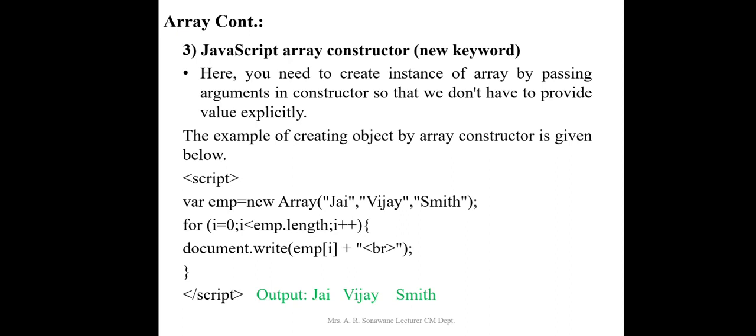The syntax is variable emp name equals new Array, and instead of empty brackets, inside the parentheses you assign the values or elements that you wish to add to the array. Similarly with a for loop, we display the values. Here also the names of employees will be displayed one below another, every name on the next line.